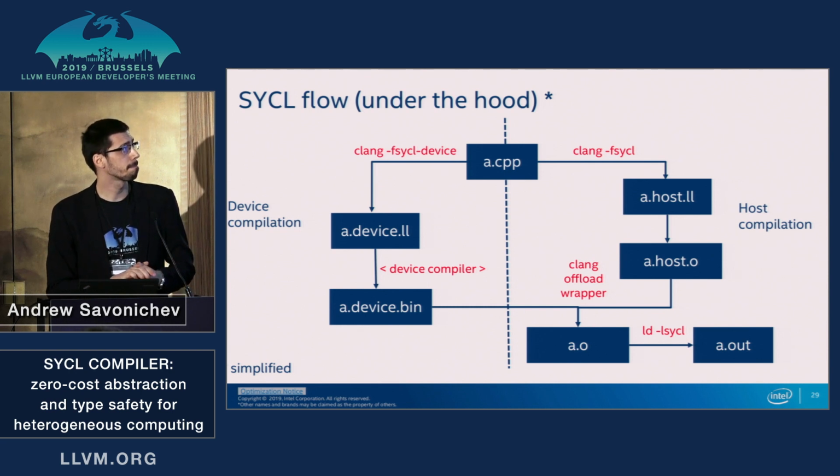The SPIR triple is used for OpenCL, and it is a device agnostic LLVM target. The reason why we compile this SPIR triple to SPIR-V is that SPIR is not portable between different LLVM versions.